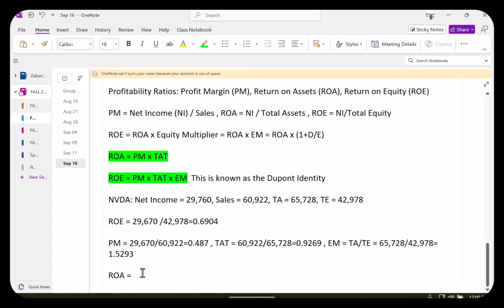And given these, I can calculate ROA either directly, it's about 45%, or I could multiply PM and TAT.